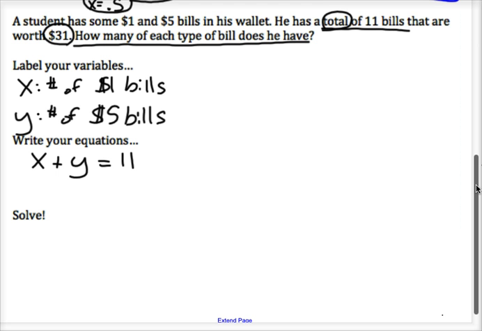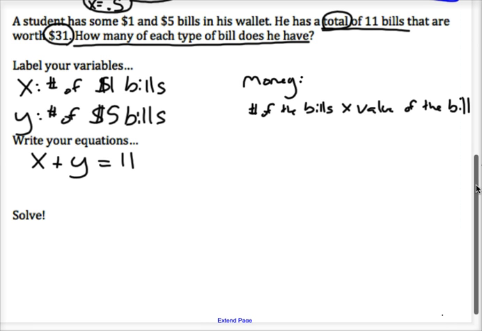Because for money, when we're dealing with bills, what you need to know is that what it's worth is the number of the bills times the value of the bill.